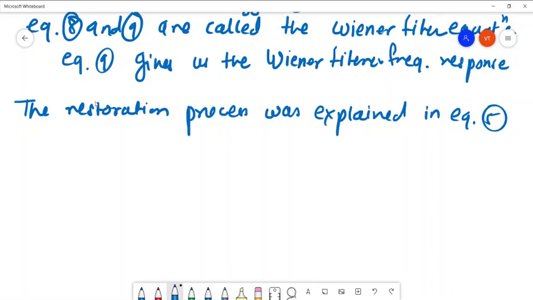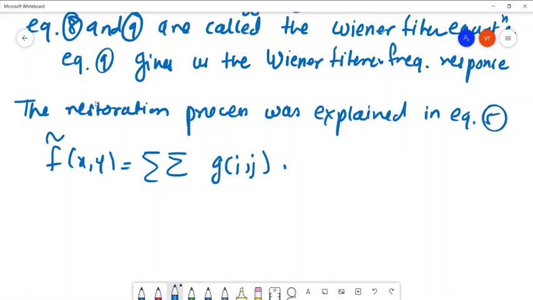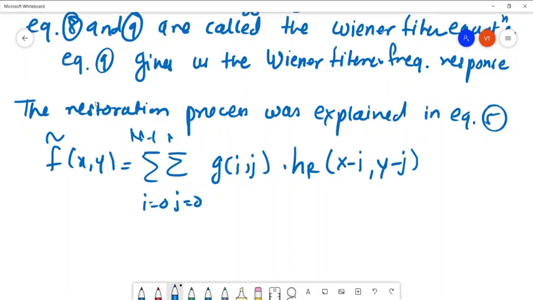Equation 5 was F tilde(x, y) equal to double summation g(i, j) into hr(x minus i, y minus j), right? i equal to 0, j equal to 0, n minus 1, n minus 1. So this was equation number 5, right?